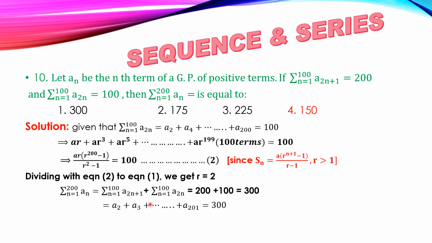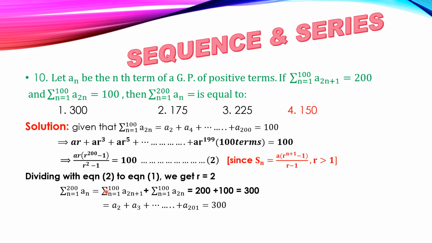Now we observe that the first expansion has the terms a3, a5, a7 and so on. The second expansion has even terms a2, a4, a6 and so on.